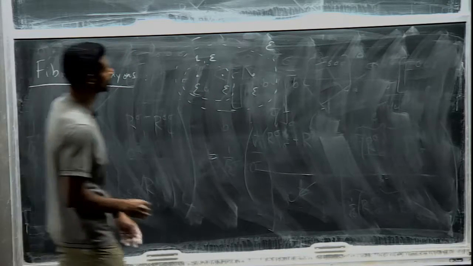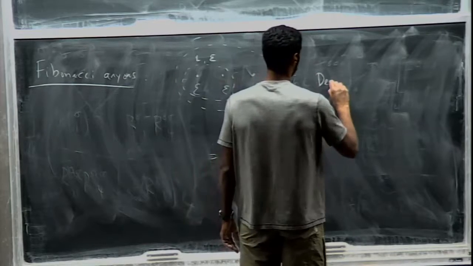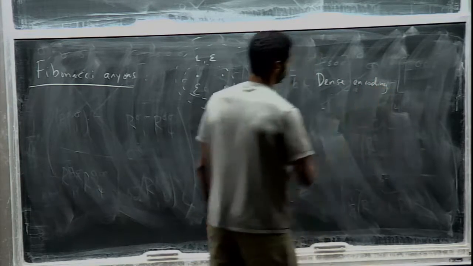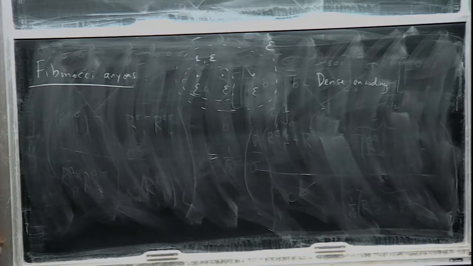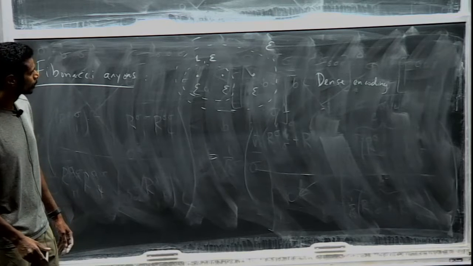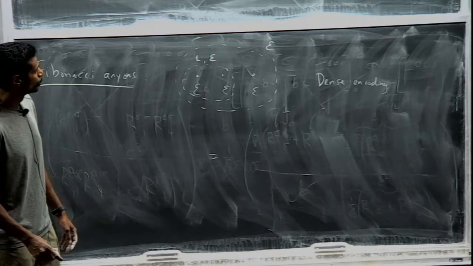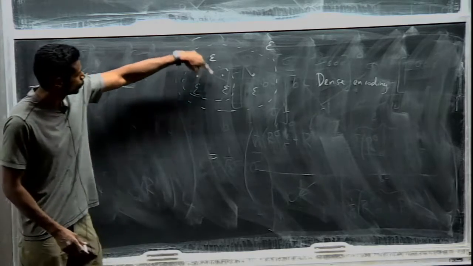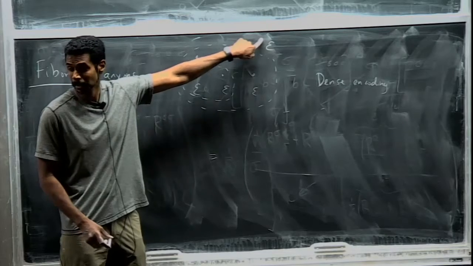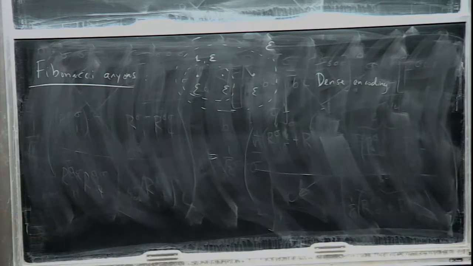So that's the dense encoding. And here you can see the danger that you're worried about is more present, because when these two fuse to epsilon, it's awfully easy for an epsilon and epsilon to fuse to 1 and take you out of the computational subspace.